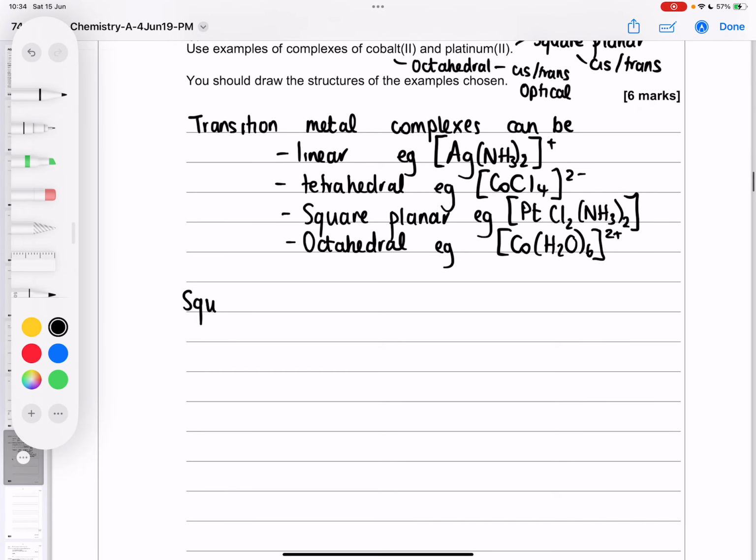So we're going to look at the square planar complexes first, because we said that was one of the first that had isomerism. And I'm going to draw a cis and a trans version.